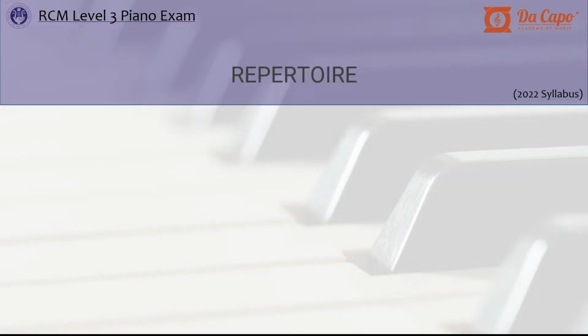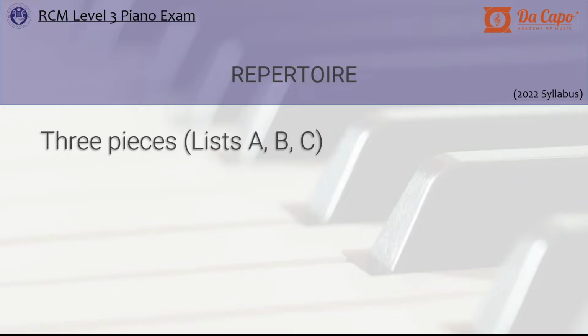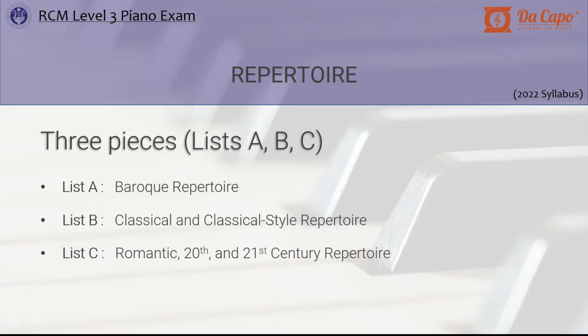For the Repertoire section, we need to learn three pieces, just like we remember from the previous two levels. So list A, B, and C. Now, the lists are named a little bit differently in level 3 than before. Previously, list A was called the Baroque and Classical Repertoire. Here it's just called the Baroque Repertoire.